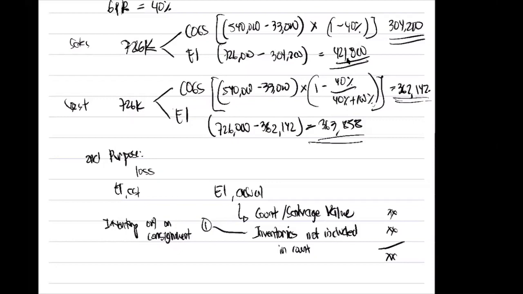Since it is not included in our account and that inventory still exists, you need to add it in our account. Okay, so first one, inventory out on consignment. Why do we need to add it? Because it is not included in our account and that inventory still exists, and it is outside of our warehouse.